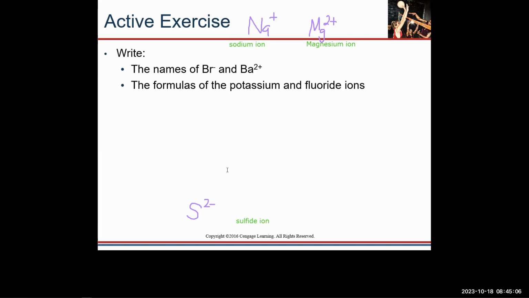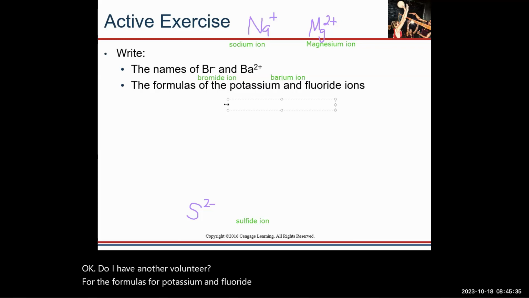Br minus is going to be bromide, and then Ba2 plus is going to be barium ion. Bromide ion and the barium ion. Okay, so I have another volunteer for the formulas for potassium and fluoride ions.